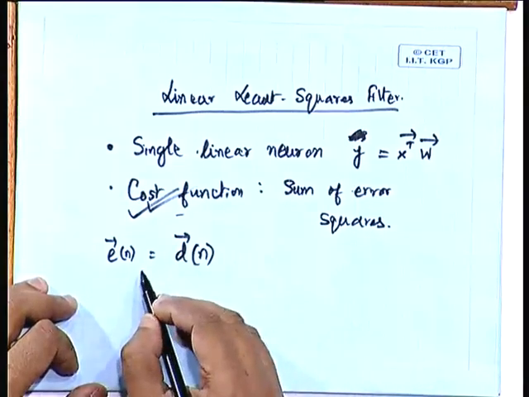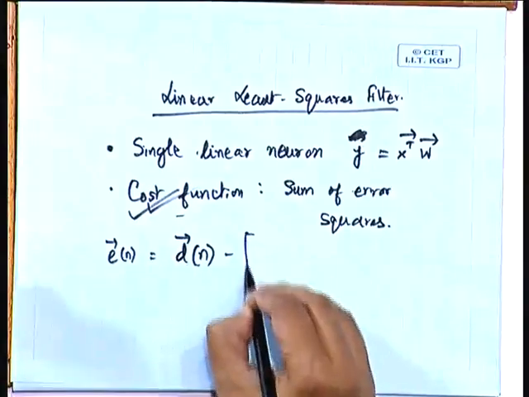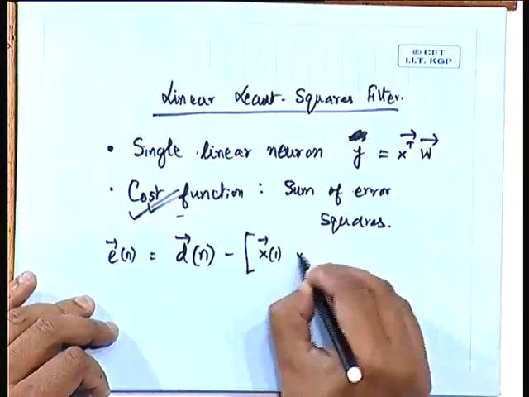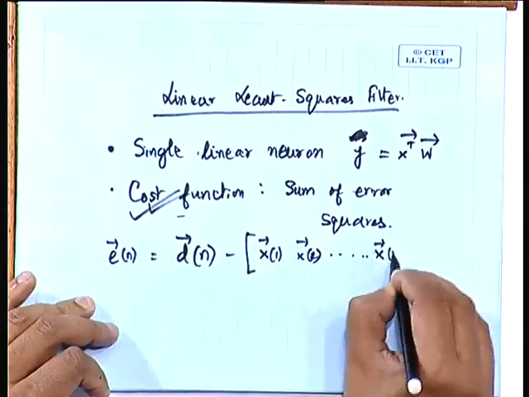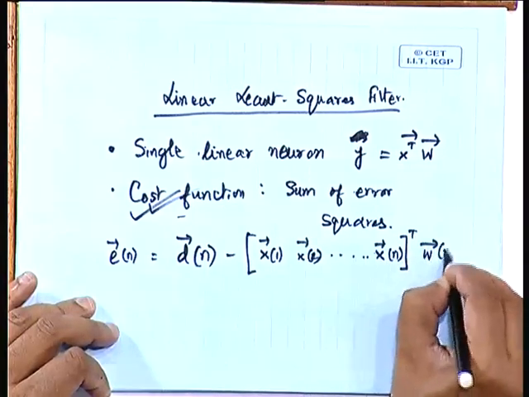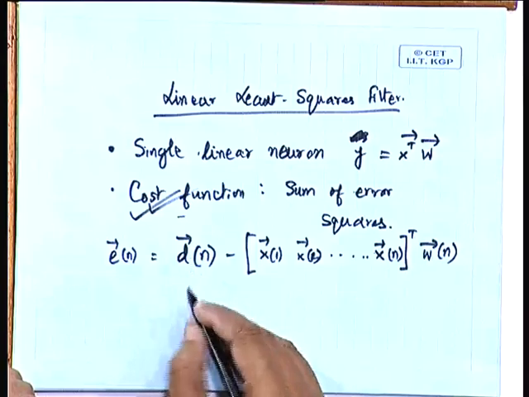So, E n vector, which will include E 1, E 2, E 3 up to E n, is equal to d n vector minus x 1 vector, x 2 vector up to x n vector, transpose of this, times w n. So, this is understood. d n again is the desired response vector.